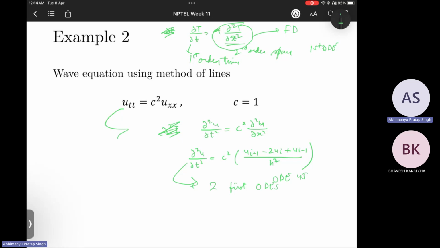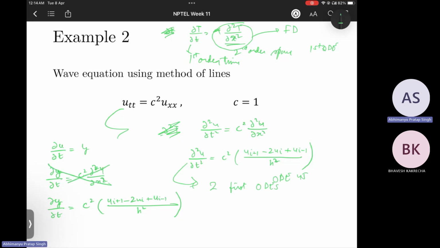Similar to what we have been doing until now for second order ODE cases, we simply take del u by del t as y, and then my del y by del t becomes c square del square u by del x square. So del y by del t becomes c square u i plus 1 minus 2 u i plus u i minus 1 upon h square.